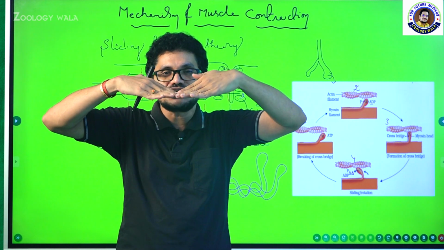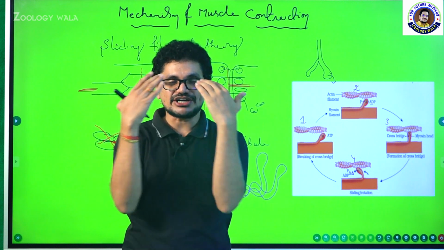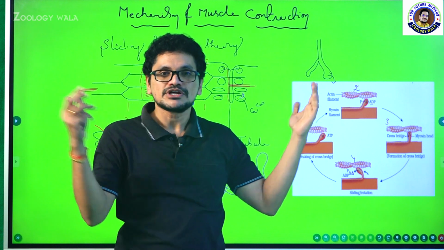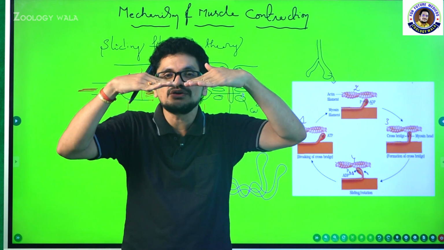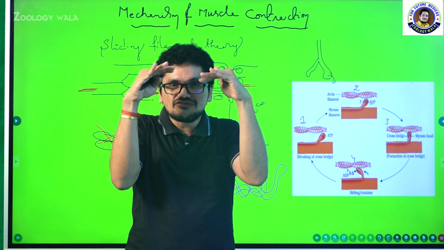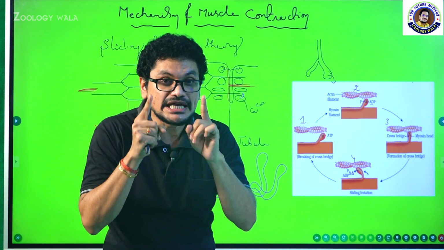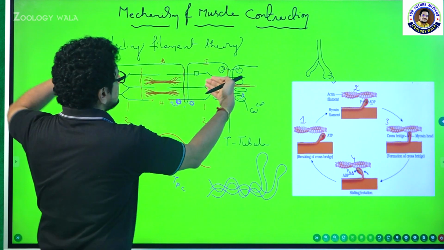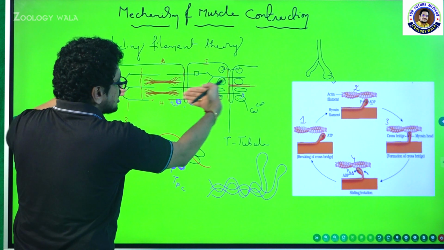So in a severely contracted muscle, say whenever we are moving the hand like this, biceps, the muscle is moving like this. So whenever the head of myosin is rotating and bringing the thin filaments, they are being pulled over the thick filaments. Thin filaments are being slid over the thick filaments.